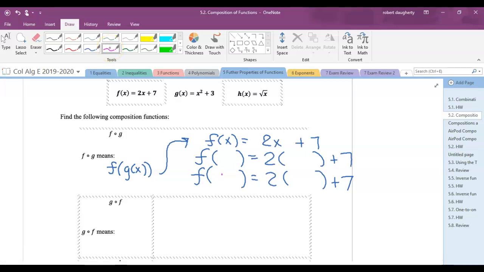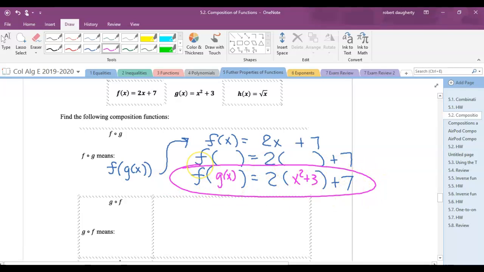G. So G of X is what? X squared plus 3. Okay. So this is my answer. F of G of X is 2(x squared plus 3) plus 7. You could, if you want to spend extra time, write this as 2x squared plus 6 plus 7, but I'm okay with this, okay? This is the correct answer.